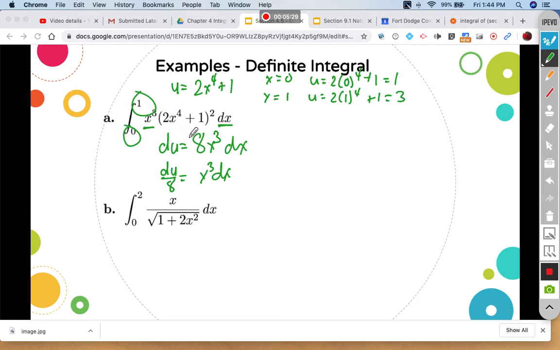So now I can do all of my substitution. My integral is going from 1 to 3. 2x to the 4th plus 1 is u to the 2nd power. X cubed dx is du over 8.